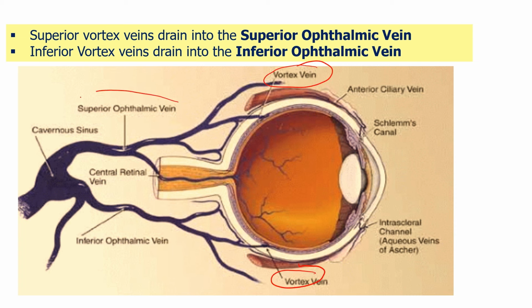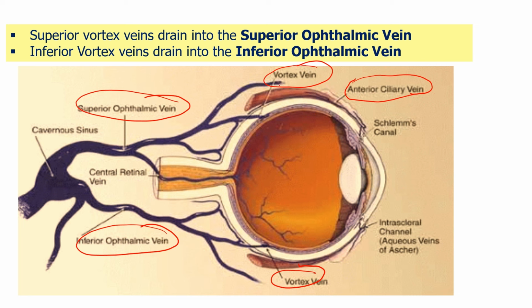Now, we basically have these vortex veins, okay, and these vortex veins are going to drain into the superior ophthalmic vein and the inferior ophthalmic vein. Corresponding to the anterior ciliary arteries, you also have anterior ciliary veins. We also discussed these anterior ciliary veins when we were talking about the trabecular meshwork. These anterior ciliary veins are all going to drain into the vortex veins.